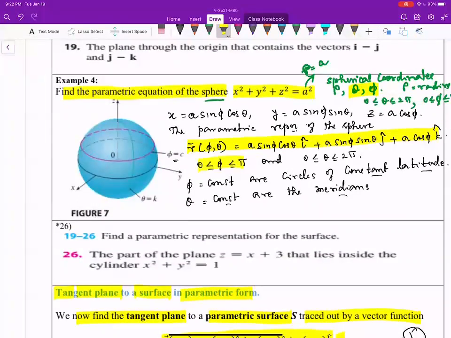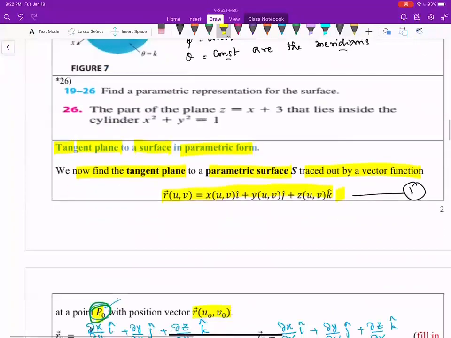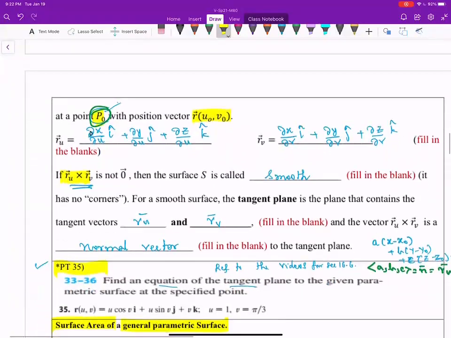The restrictions on phi are 0 to pi and the restriction on theta is 0 to 2 pi. This is what we are going to be using in this particular problem, along with the formula that we derived.